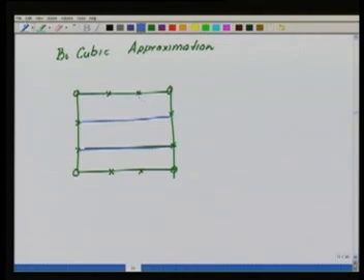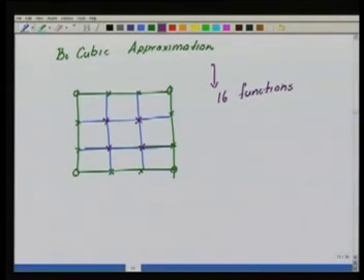So you'll get 4 more points lying in the interior, and so you will get a grid of 16 points. So bicubic will have 16 functions. So we can continue this to whatever order we want.